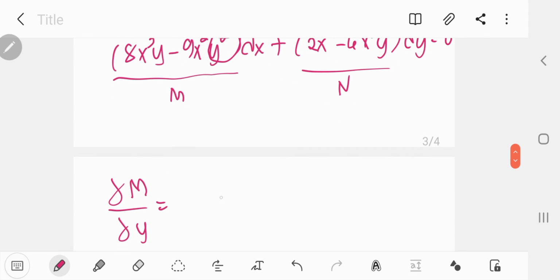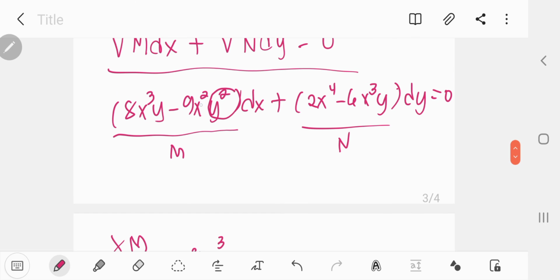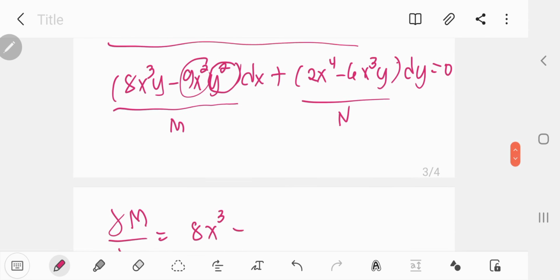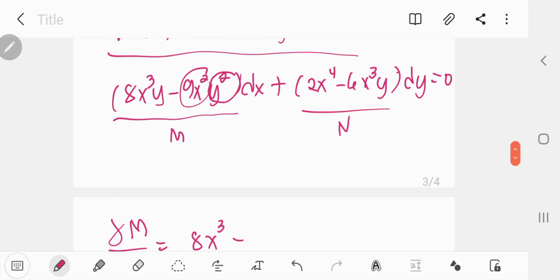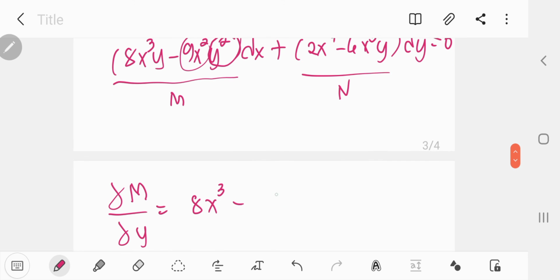So we have 8x cubed minus 18x squared y.